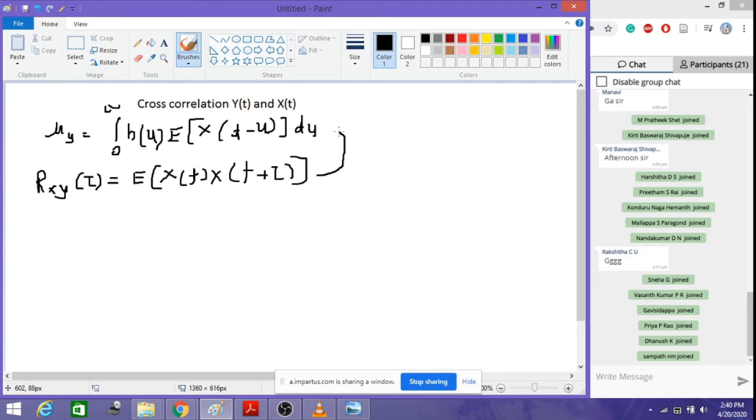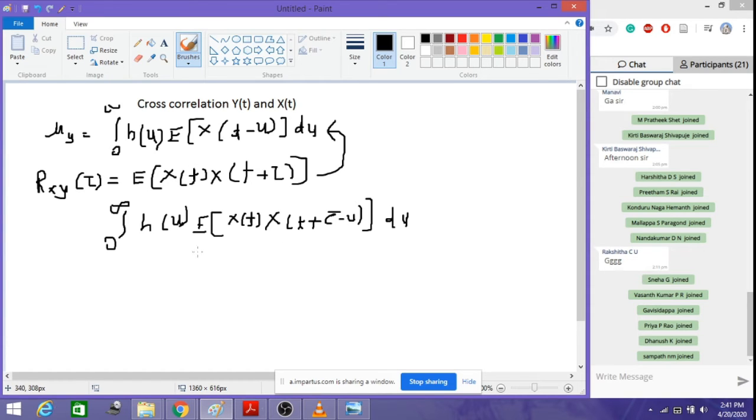If we apply this in this equation, then we can write this as the integral from 0 to infinity of h of u into the expectation of x of t into x of t plus tau minus u, du.